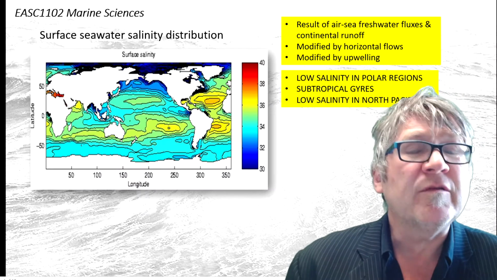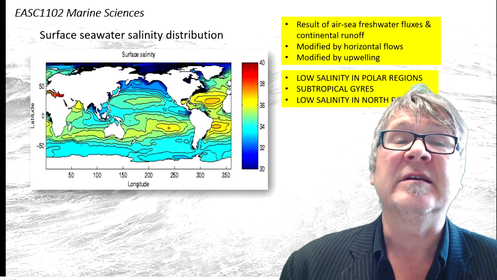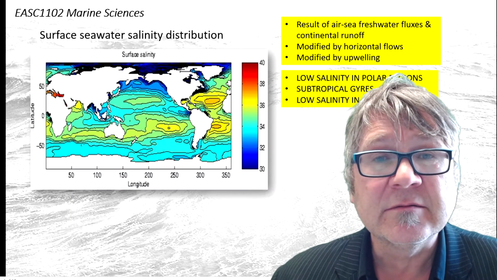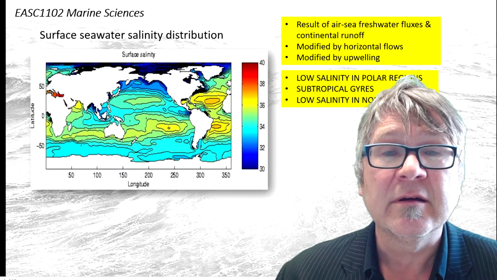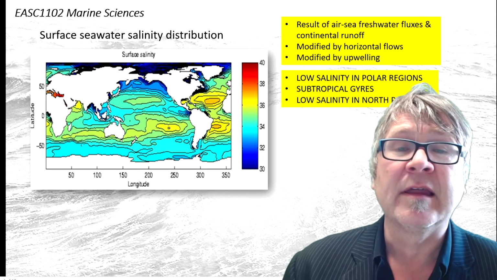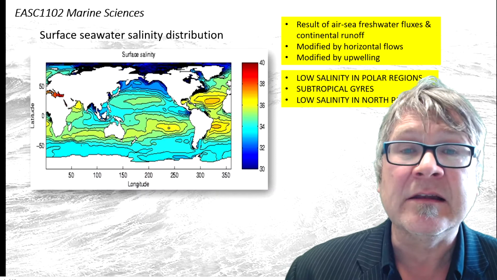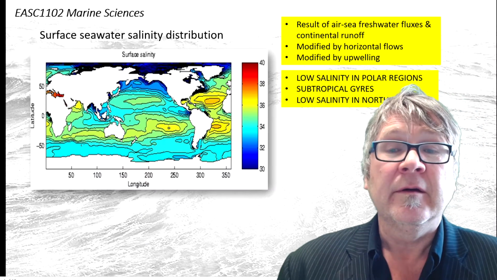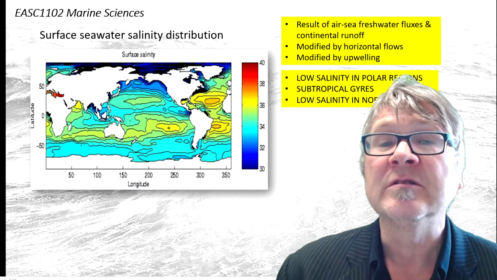Okay, so first of all, what creates this surface salinity is the air-sea freshwater flux: precipitation minus evaporation, and continental runoff, like the river runoff, mainly all the fresh water that is supplied by rivers. And that, for example, explains why you have the low salinity water.